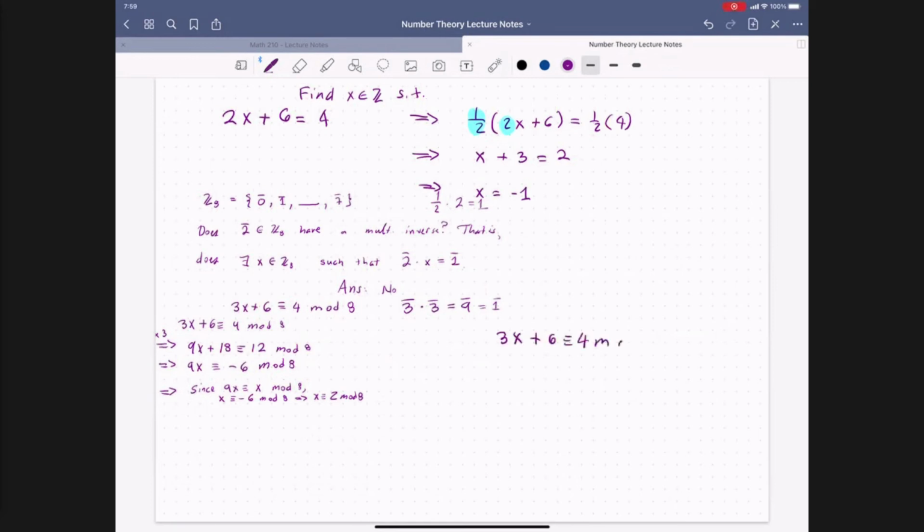We know by the equivalent conditions for congruence that this is the same as 3 bar x plus 6 bar equals 4 bar. And now this is in the integers modulo 8. If we multiply both sides by 3, we get this.